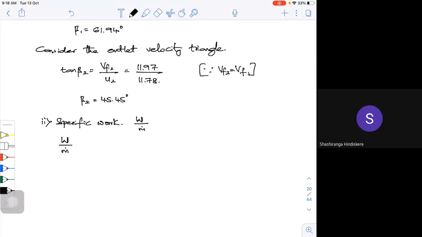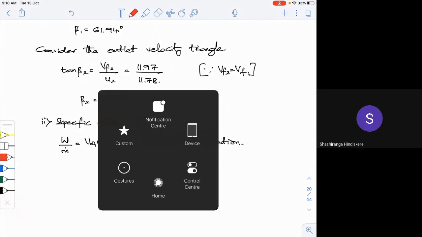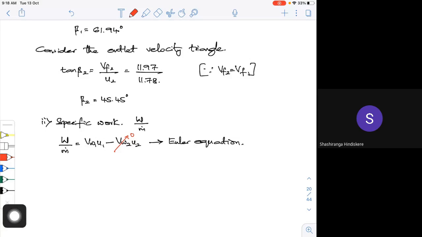W by M dot for a turbine is VW1 into U1 minus VW2 into U2. This is your Euler equation. And also in the numerical they have given that VW2, that is velocity of the whirl at the exit, is 0.